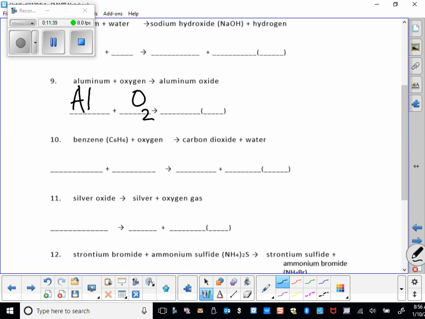What is the charge on aluminum on the periodic table? +3. What is the charge on oxygen on the periodic table? -2. How am I going to write the formula?